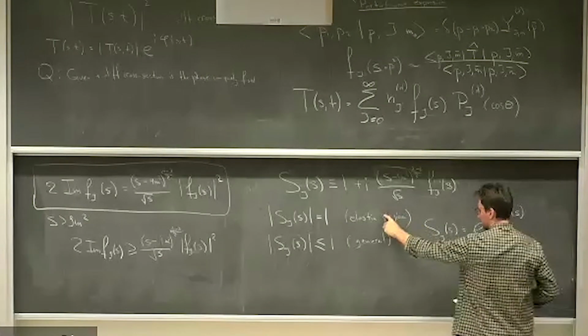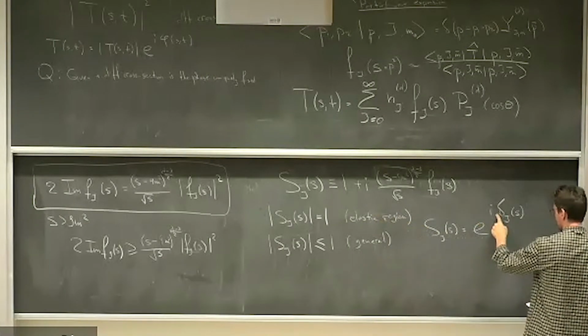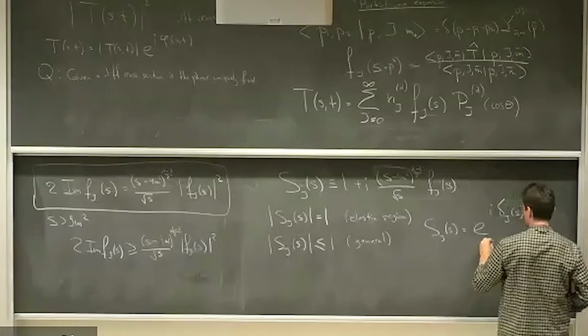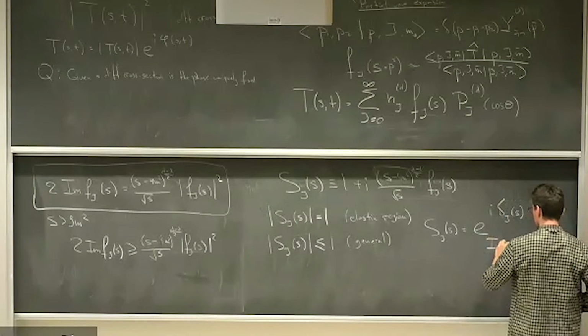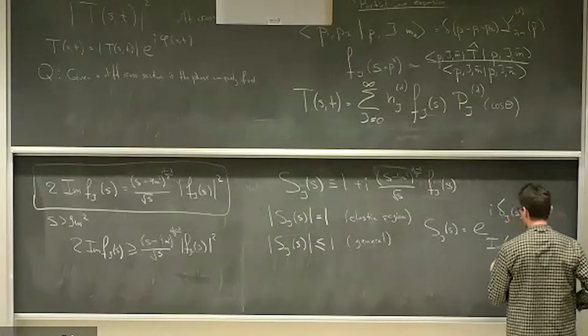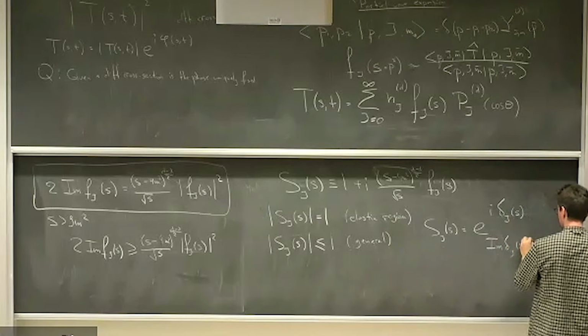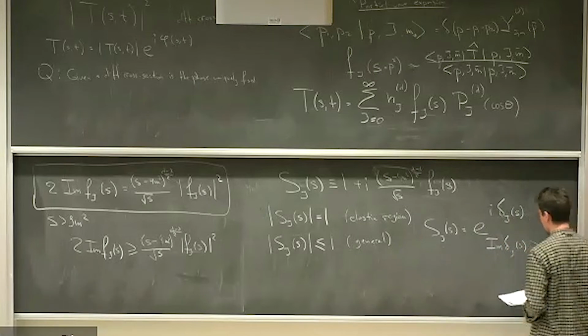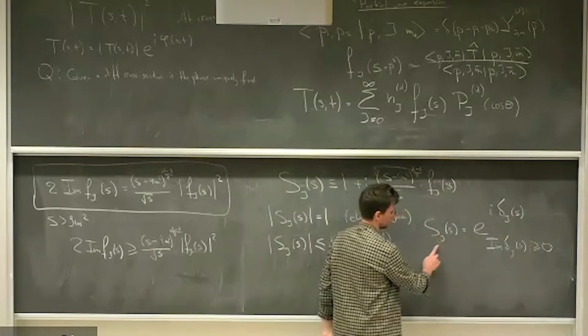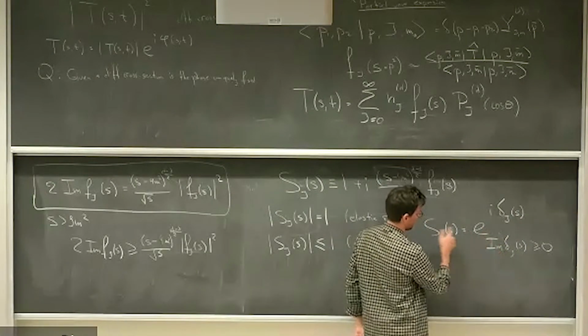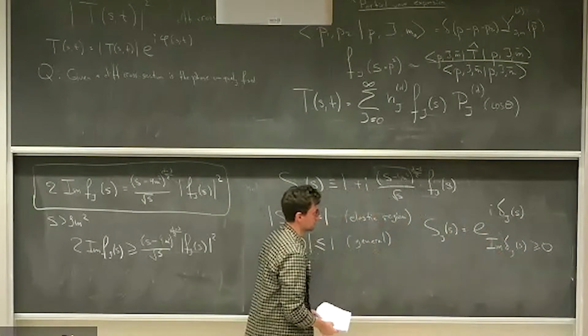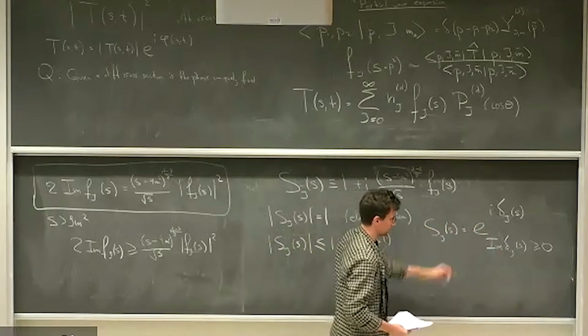The unitarity simply says that either this is a pure phase, in which case the imaginary part is 0, or, more generally, the imaginary part of the phase shift is non-negative, because if it's non-negative, then |S| will be less than or equal to 1. So this is the most general solution to unitarity.